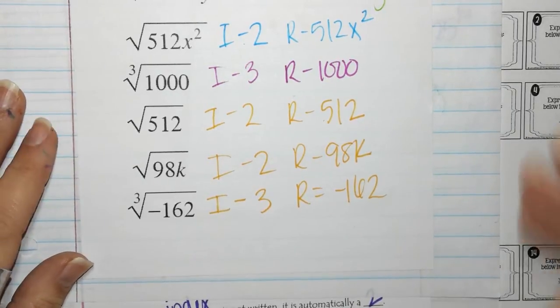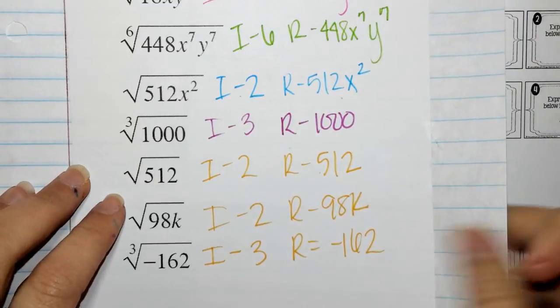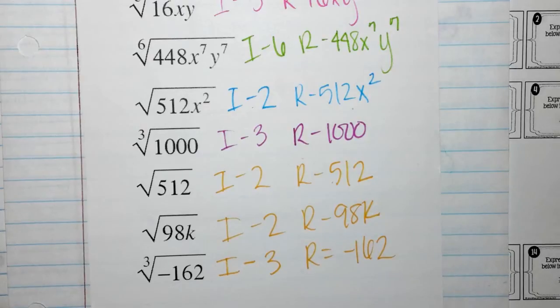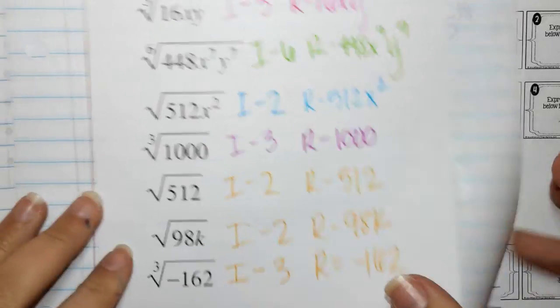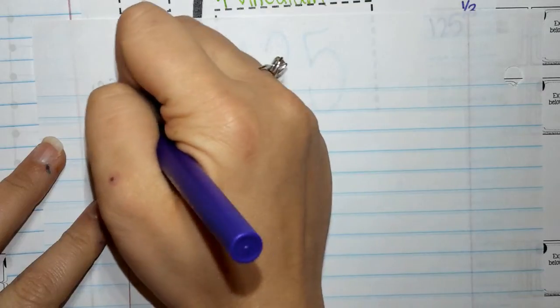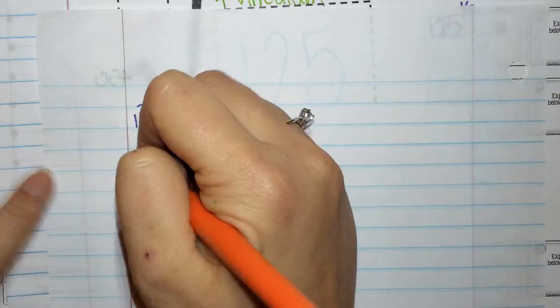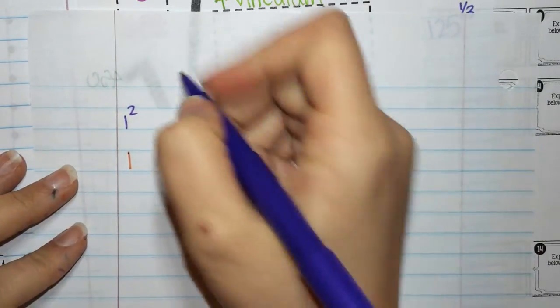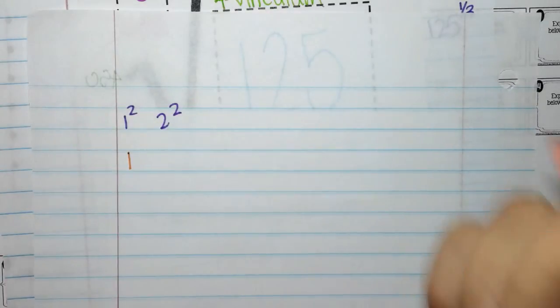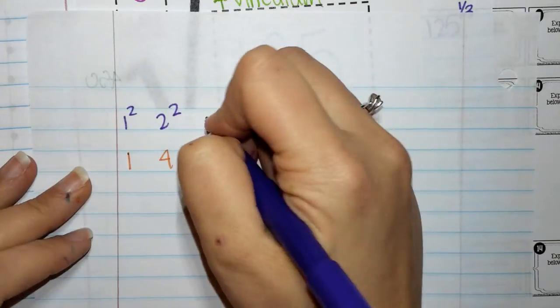Now, your homework for tonight is to list the perfect squares from 1 to 20. Do you know how to find perfect squares? Perfect squares are 1 squared, which is 1, then 2 squared, which is 4, then 3 squared.